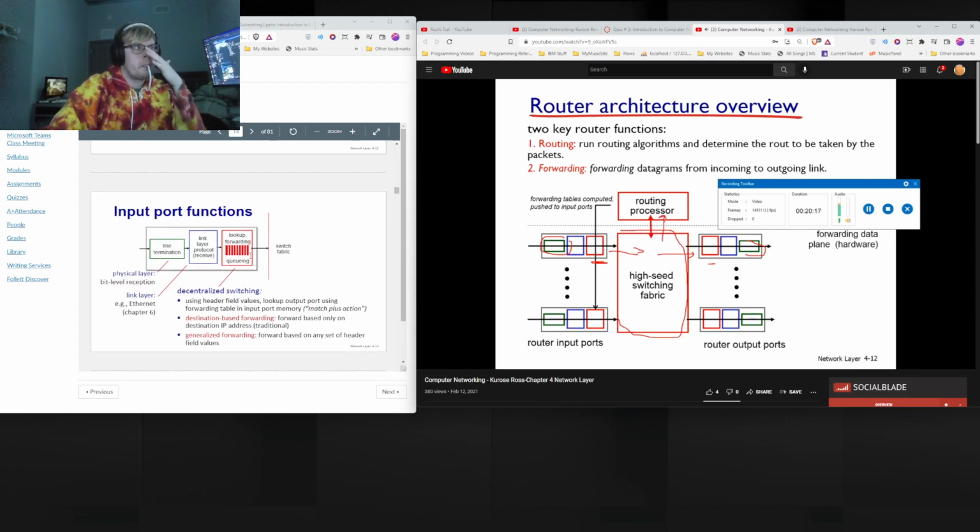So in practice, multiple ports often gather together on a single line card within a router. So if you see, the input port performs many functions related to the physical layer, the data link layer, and the forwarding and lookup function.